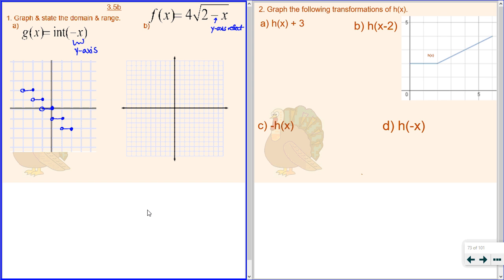Now, what does the 2 do? So far, we're just right here. I've just taken it and flipped it over the y-axis. So if you can picture what it looks like, Josh, what does the 2 do?